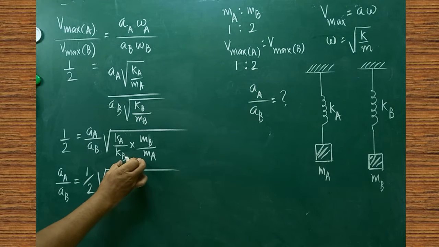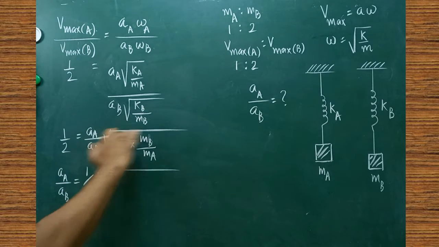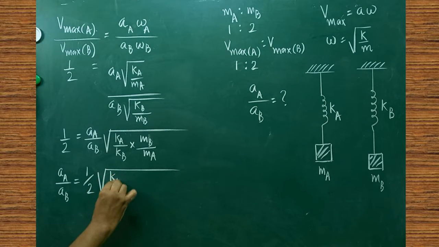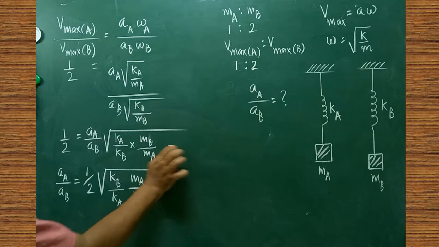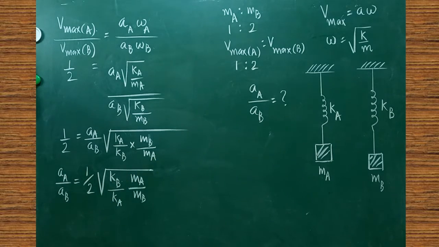The factors written at the bottom should be brought up, and the factors written at the top can be brought down. So here Kb divided by Ka into Ma divided by Mb can be written. Are you clear? So this is the part.